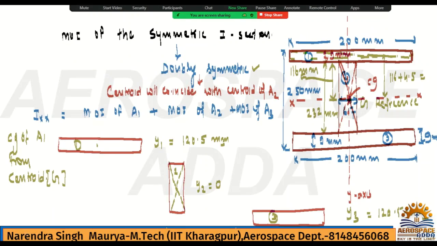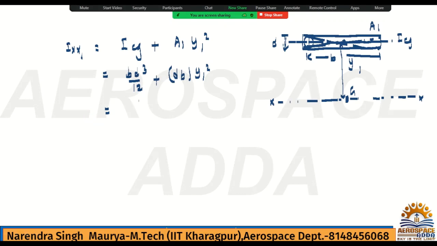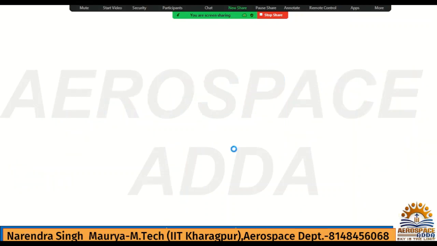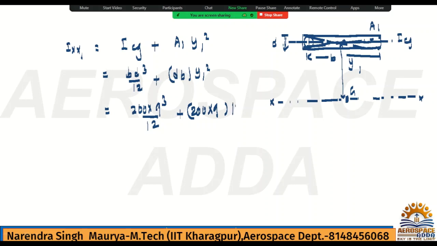Width is 200. Depth is 9. So directly I will write now 200 into 9 cube divided by 12 plus depth into width, that is area, which is 200 into 9, into Y1. Just now you have written here, this is the Y1, the CG location, which is 120.5.